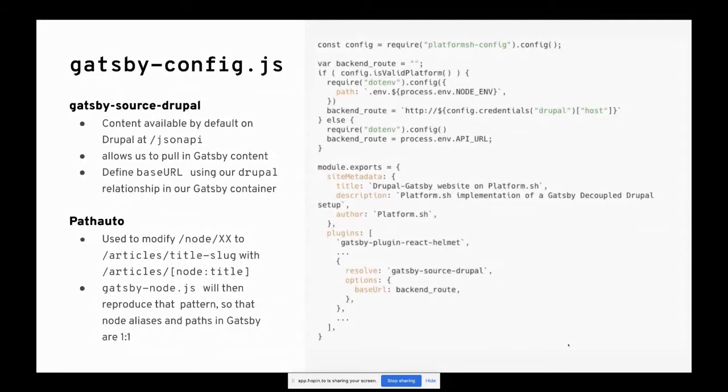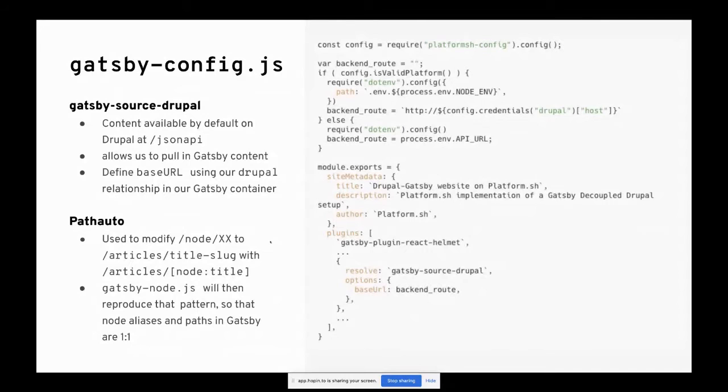And we're going to use that definition to define this gatsby-source-drupal source plugin, so that during our build, it's going to say, I want to use this plugin. It's going to be the Drupal plugin. Here is the base URL. And it's going to use that to then generate, with the help of our Node.js file, individual pages for each article that happens to be on that Drupal site.